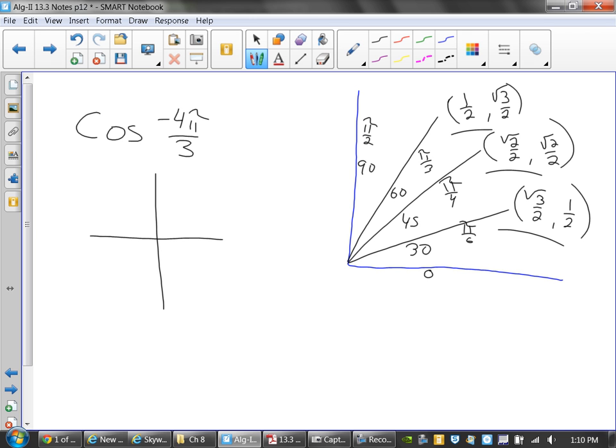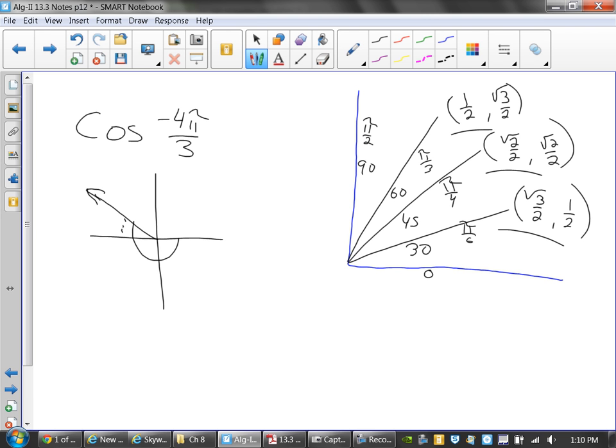It's negative 4 pi over 3, which means I have to go the other direction. 3 goes into 4 how many times? How much is left over? 1/3. So it's going to be 1 1/3 pi is our rotation. So here's 1 1/3.